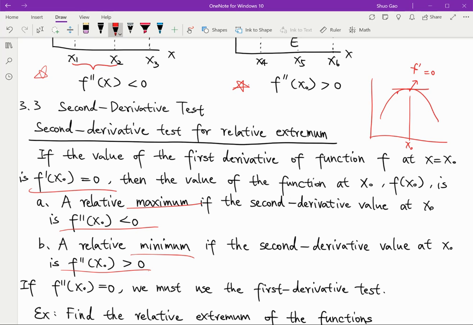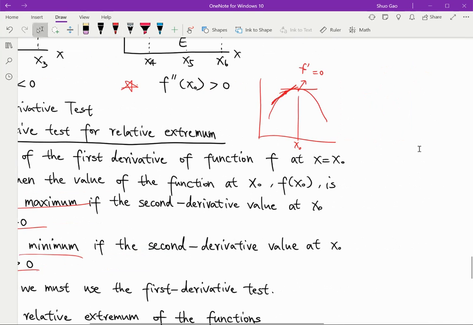In the left neighborhood of x0, for example here, we know that the function is increasing, so f prime is a positive number. But the function increases at a slower pace. If we draw another graph, from this point to this point, the slope is always positive.